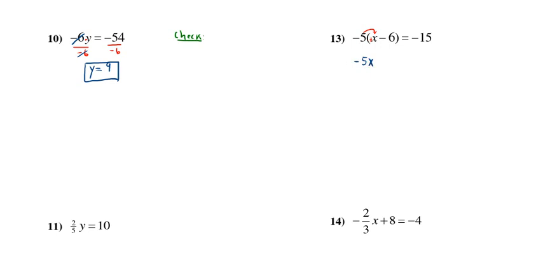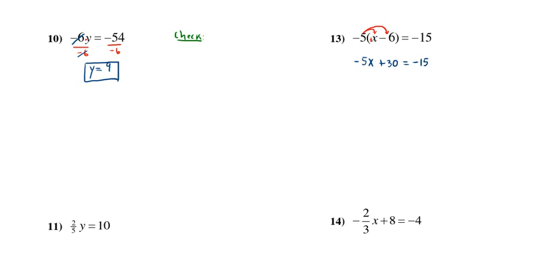The following step will be to multiply the -5 by the -6, and that will give us plus 30, because negative times another negative is positive, and 5 times 6 is 30, equal to -15.